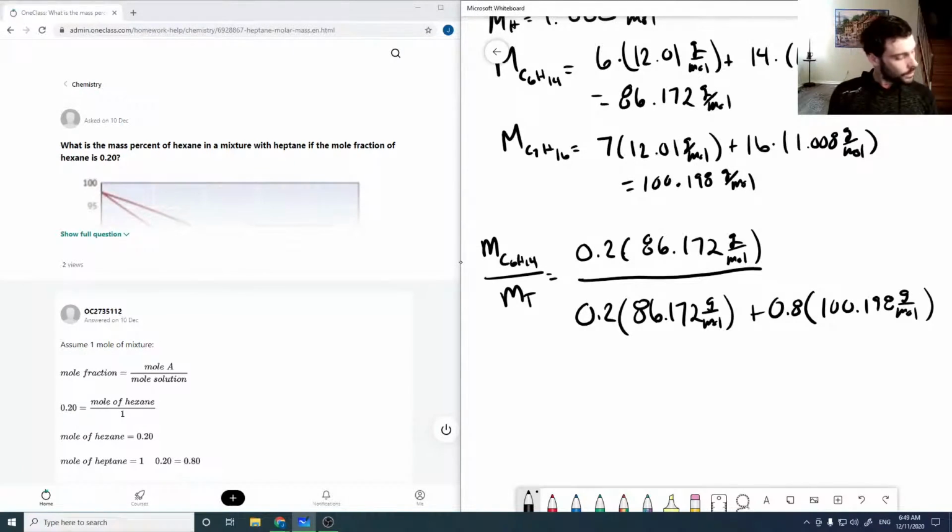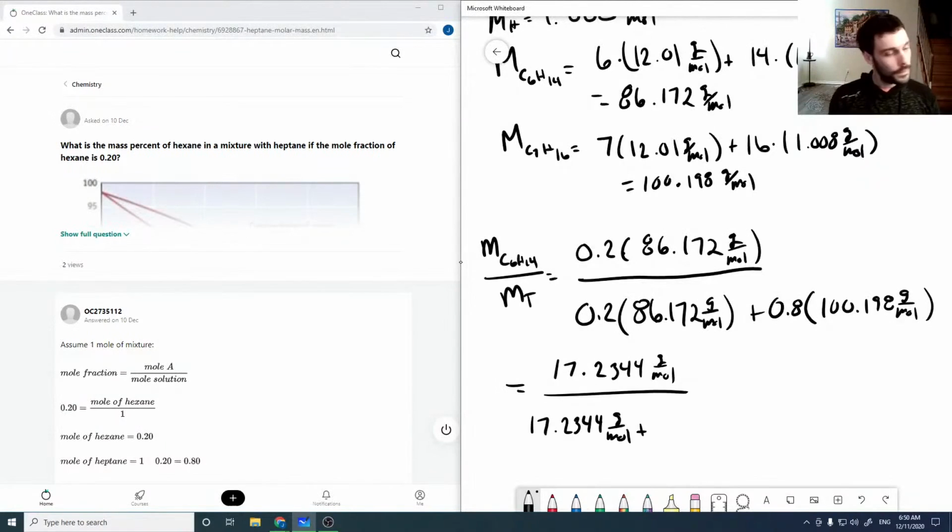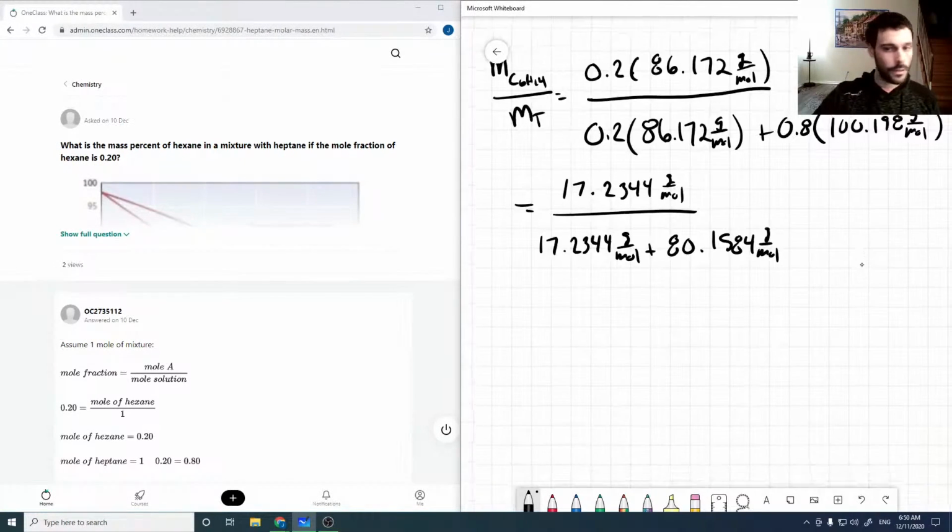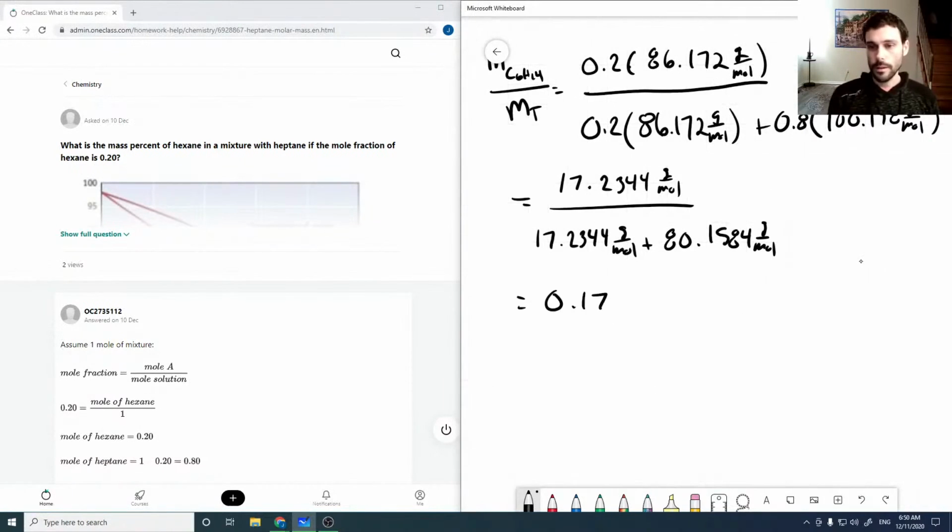Working through this on our calculator, we get 17.2344 on top, and 80.1584 on the bottom, and then we get 0.1770, or in percentages, multiplying by 100%, it's 17.70%. So our mass percentage is 17.70%.